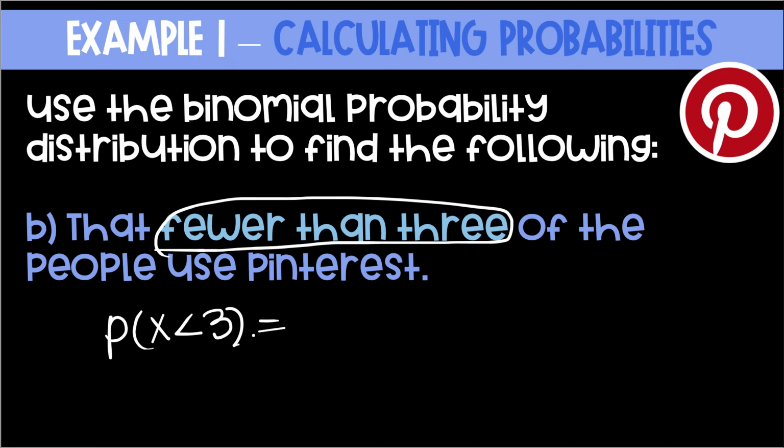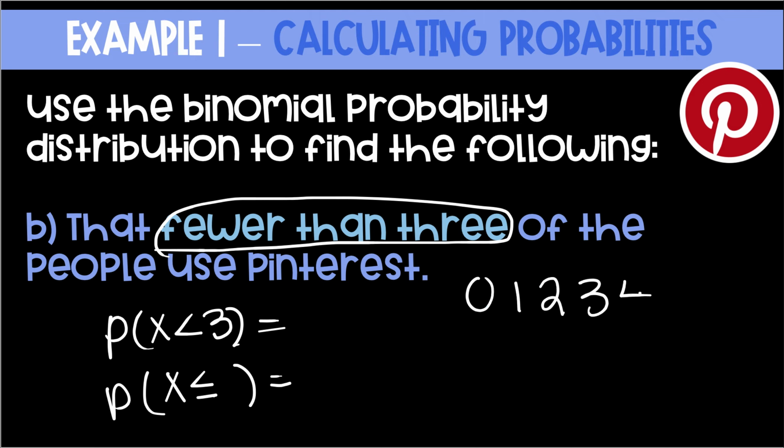But unfortunately, our GeoGebra calculator only has the feature x is less than or equal to. One of the buttons goes for x is less than or equal to. If I do not include the 3, let's take a look at our possible values. I want fewer than 3.